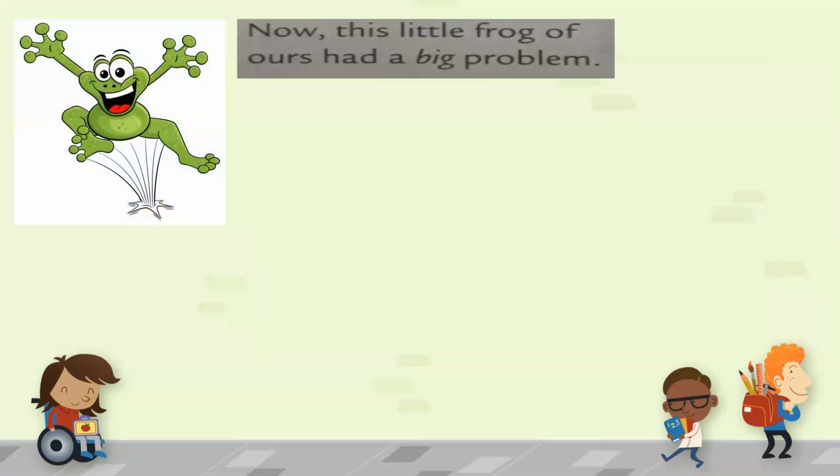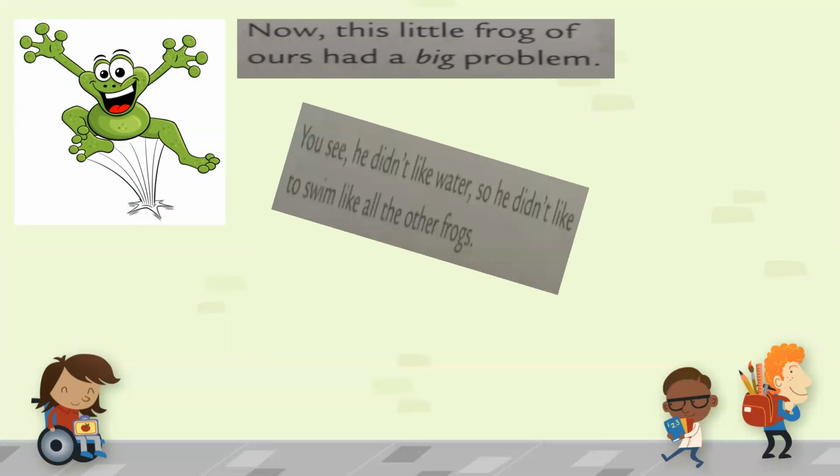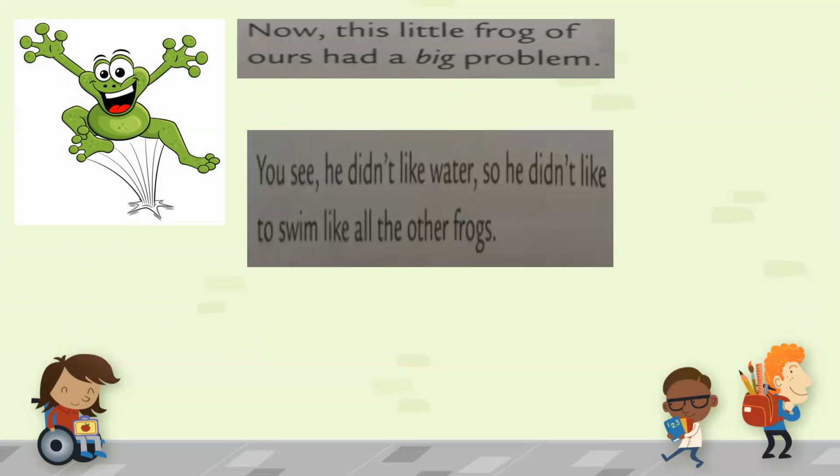Now, this little frog of ours had a big problem. Let us see what it is. You see, he didn't like water. He didn't like to swim like all the other frogs. Naturally these frogs live on both land and in water.